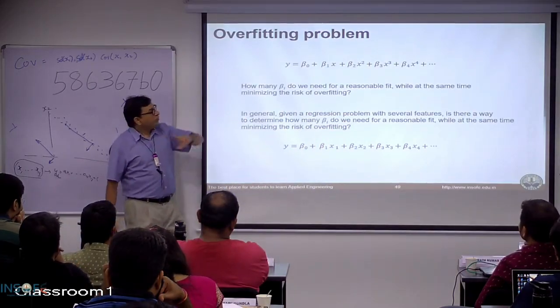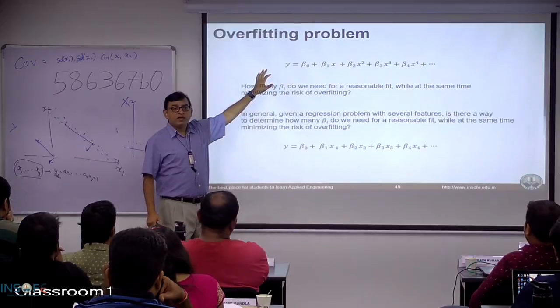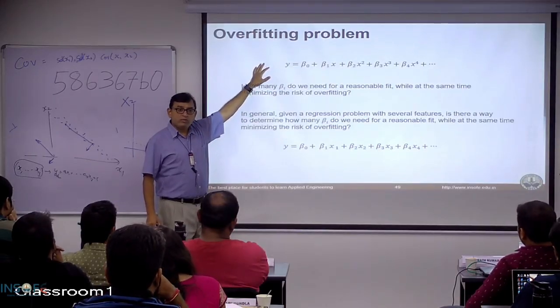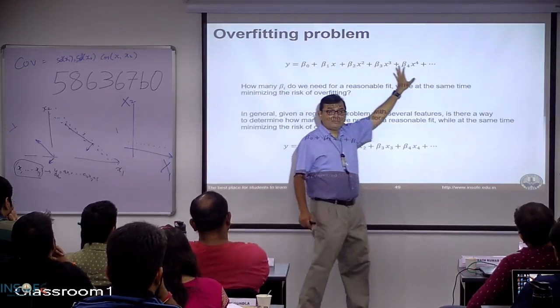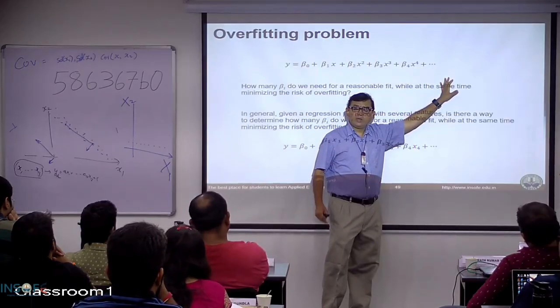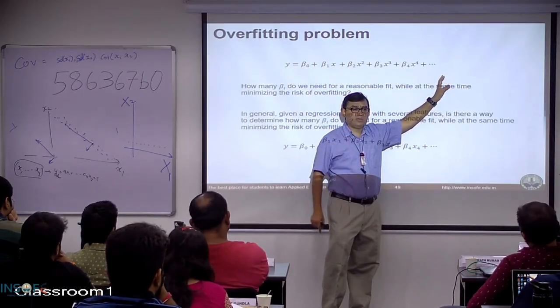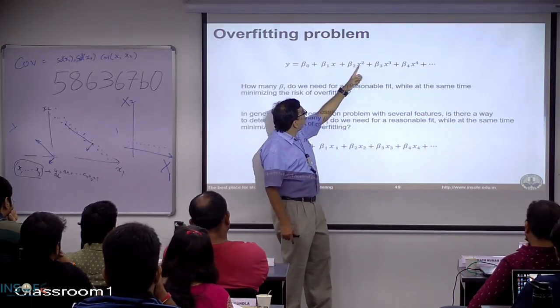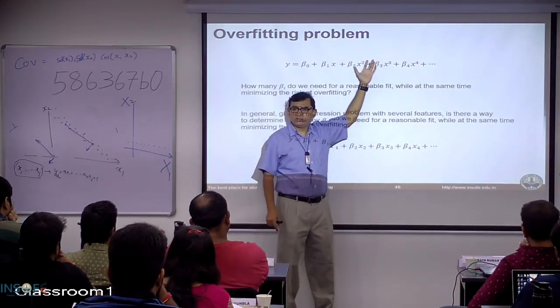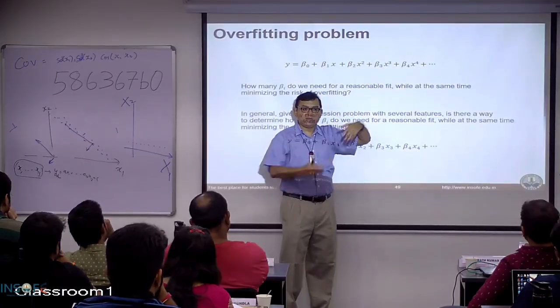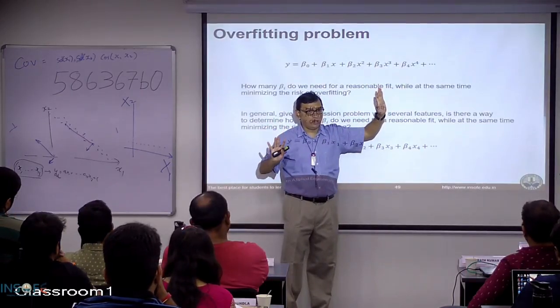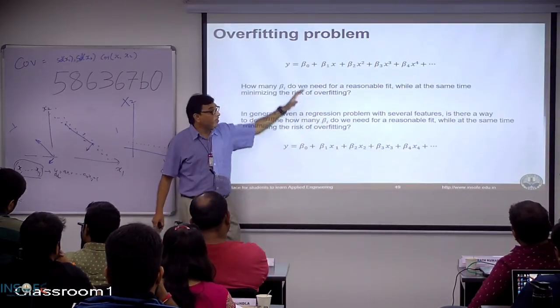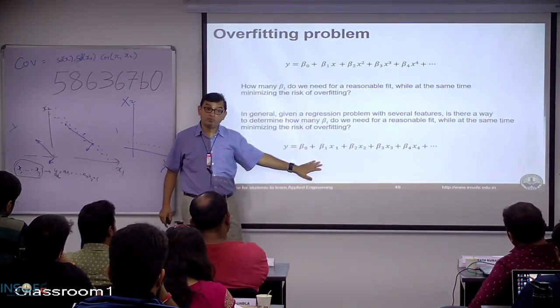Okay, now in this particular problem, this was the model we fit, right? But the way we solve any of these complex higher order polynomial problems is by replacing x square, x cube as x1, x2, x3, calling it a multi-dimensional linear problem. That's the way we solve it, right? So the question that we are asking is actually a more general question.